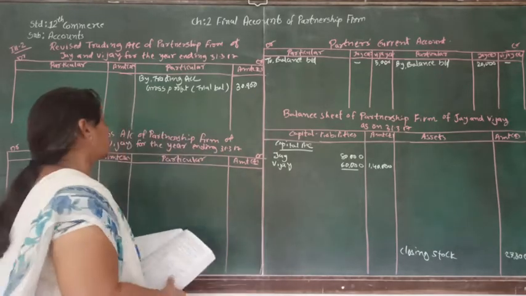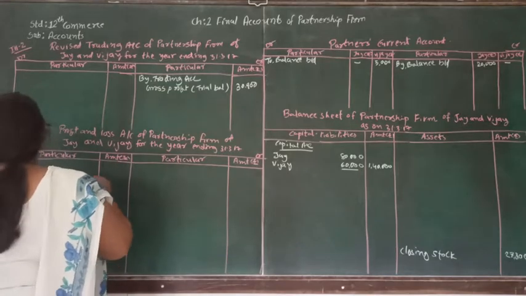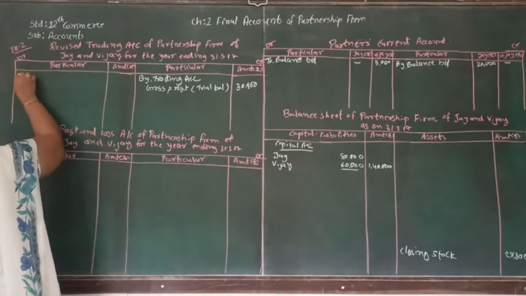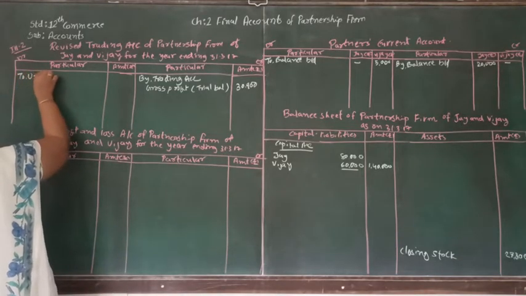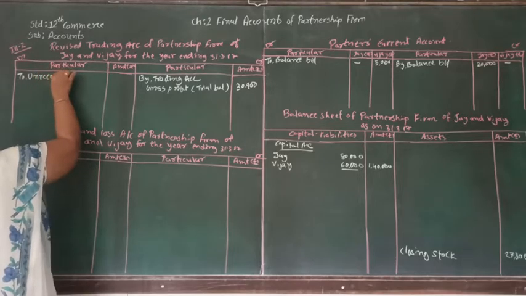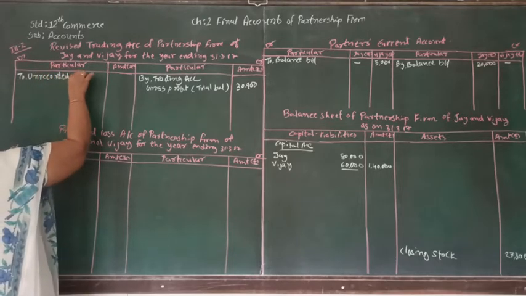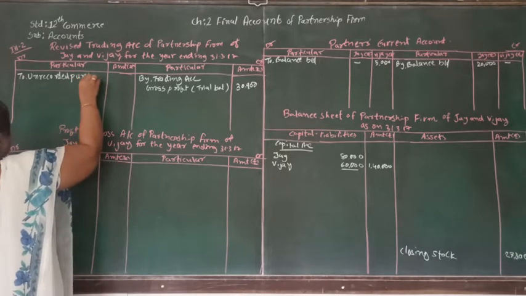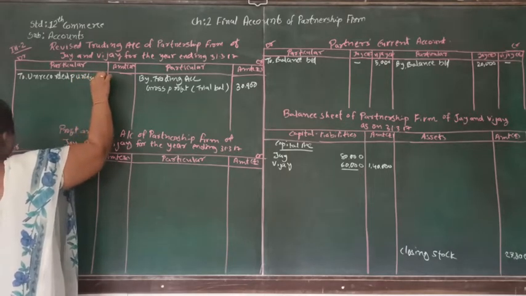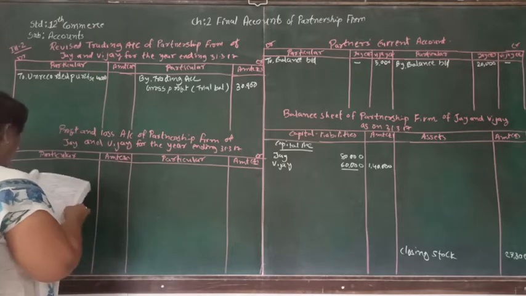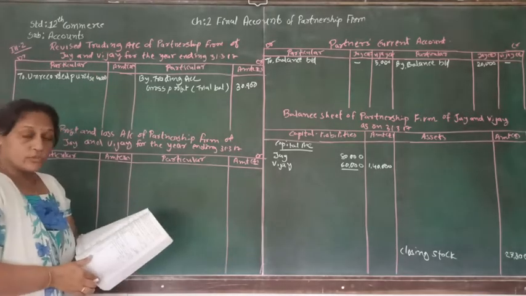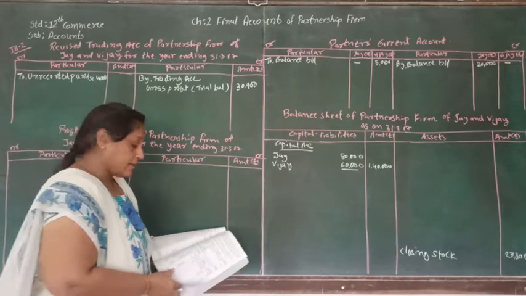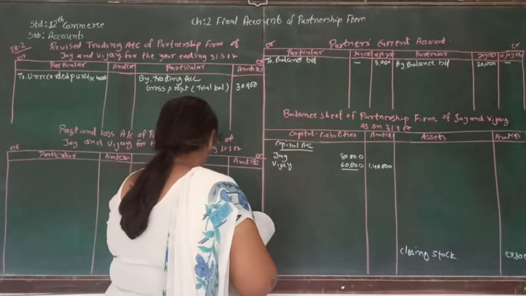We record it on the revised trading account as unrecorded purchase, 4,000, and for this 4,000 another entry we write in the creditors.